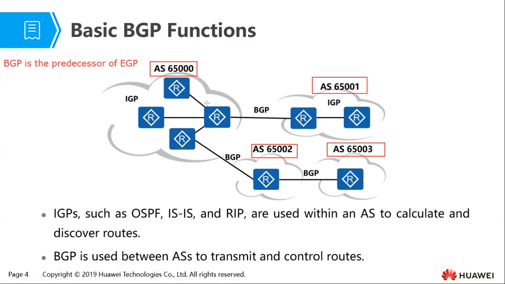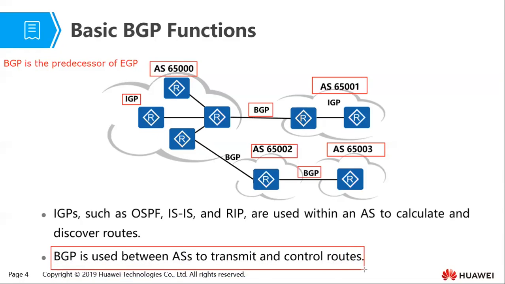Within an autonomous system, routers share routing information using IGPs such as OSPF and ISIS. Between autonomous systems, we configure BGP to share routes. So that's why we are saying here that BGP is used between autonomous systems to transmit and control routes.